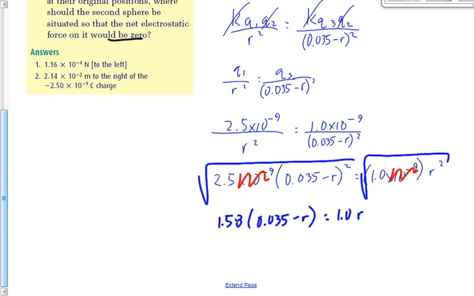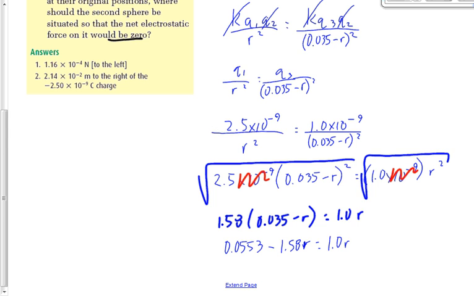Okay, let's distribute the 1.58. What's 1.58 times 0.035? 0.055, thank you, minus 1.58R. Right, I'm multiplying 1.58 by everything inside the brackets. Equals 1.0R.